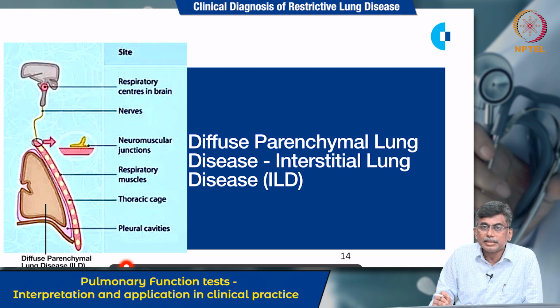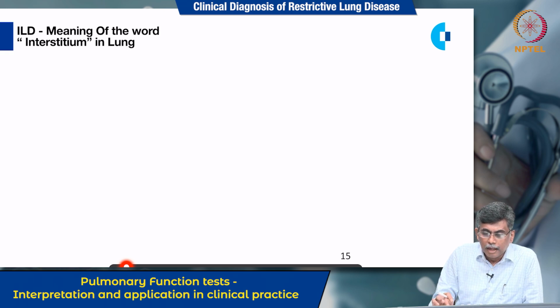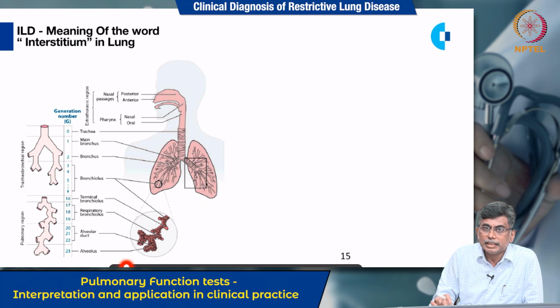Now we will see in slightly more detail what the diseases are which come under restrictive lung disease. First we will start with the diseases in the lung parenchyma, also called diffuse parenchymal lung disease, or interstitial lung disease. To understand that, we should understand the meaning of the word interstitium.